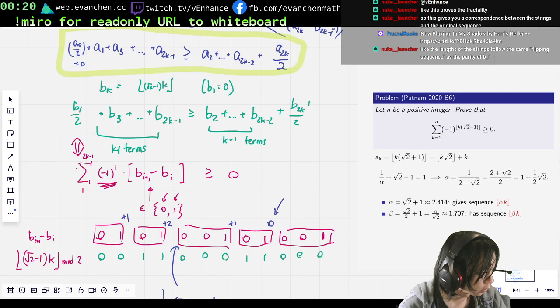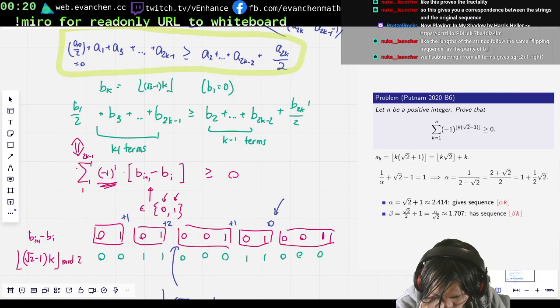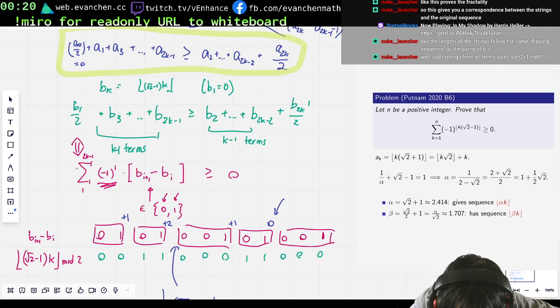Not root 2 plus 1? No. Wait, what? Subtracting I.